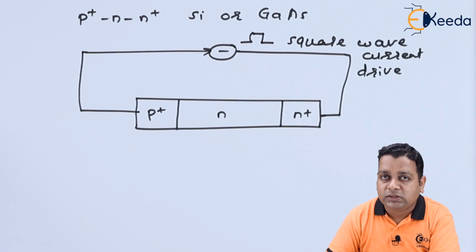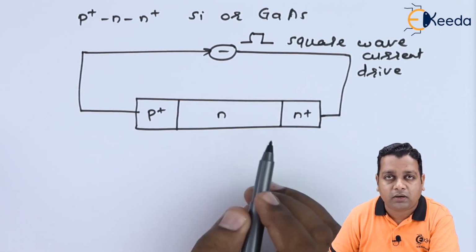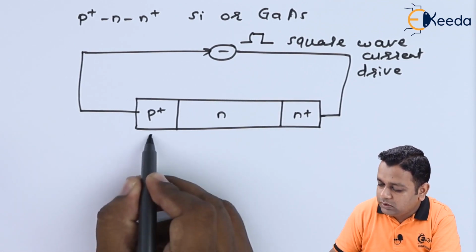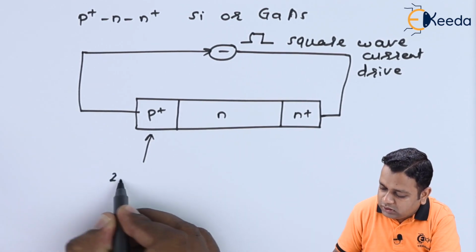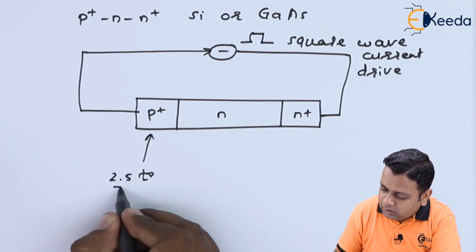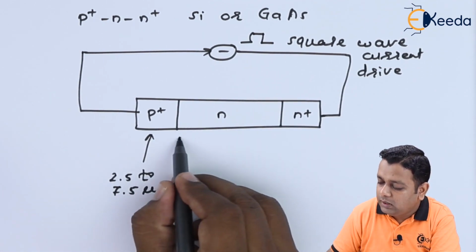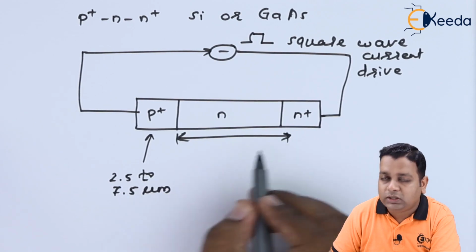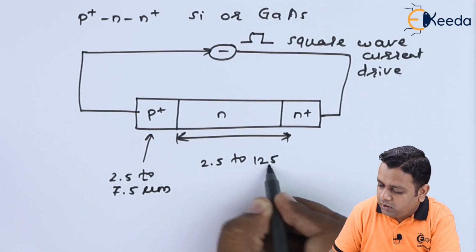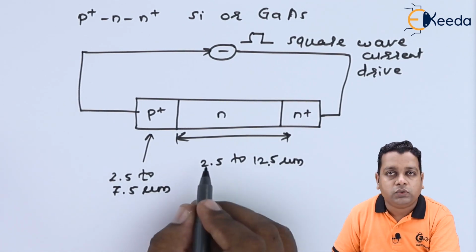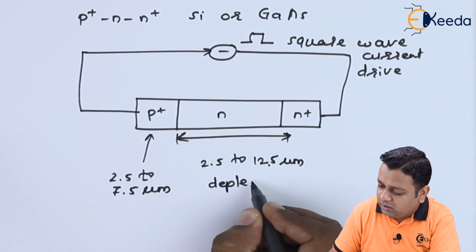Now, as far as the dimensions of the semiconductor materials in the TRAPATT diode are concerned, the first, heavily doped P type, represented as P plus, has a dimension range of 2.5 to 7.5 micrometers, whereas the middle one, mostly the drift length, is 2.5 to 12.5 micrometers. As we have a reverse bias here, this is basically the depletion layer.